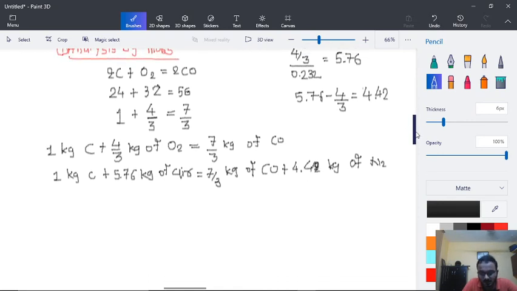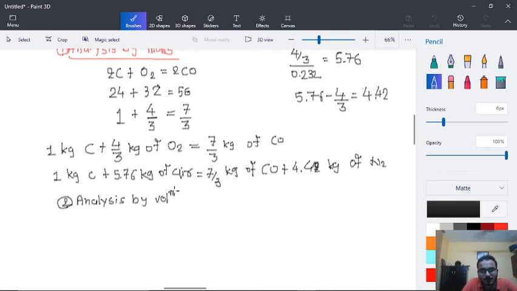So now the next will be our analysis by volume. Second is analysis by volume.